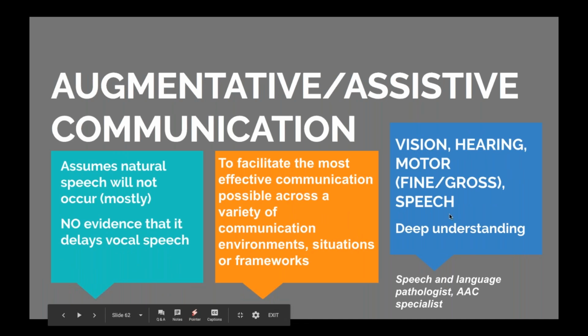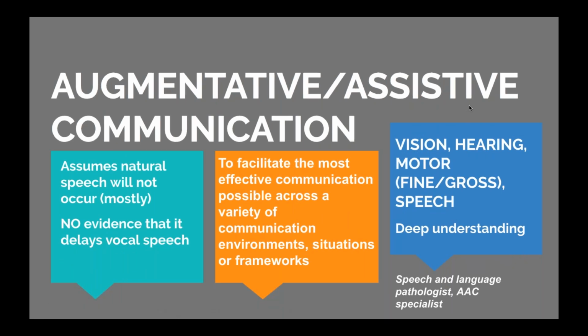In detail, this augmentative and assistive communication evaluation generally assumes that speech will not occur. And I want to say that there's no evidence to show that using an augmentative assistive communication device will delay vocal speech. So kids who are younger and are still learning how to speak, let's say they've had a left hemispherectomy for stroke or something like that, don't delay that AAC evaluation.